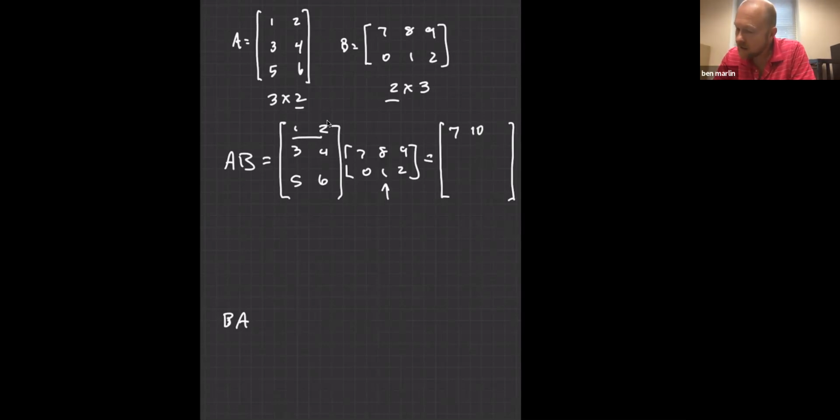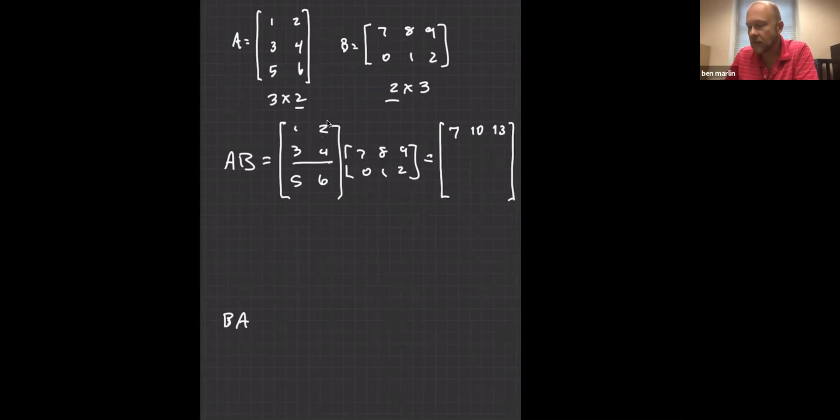And then we'll stick with the same row, but go on to the third column. 9, 2 dotted with the 1, 2. So we get 9 plus 4 is 13. Okay. So then we'll move on to the second row.